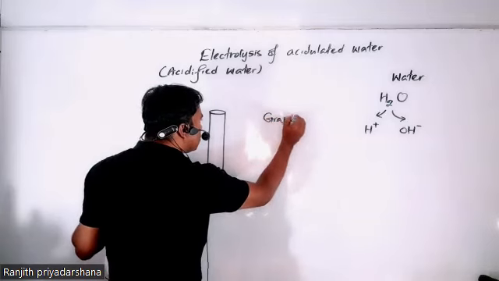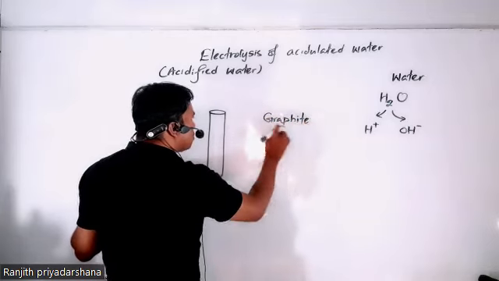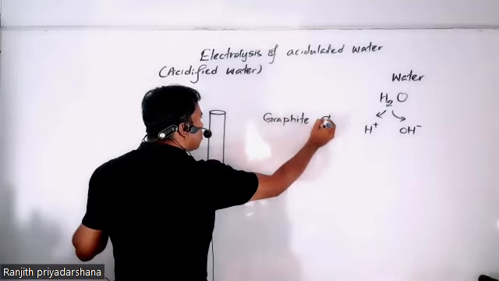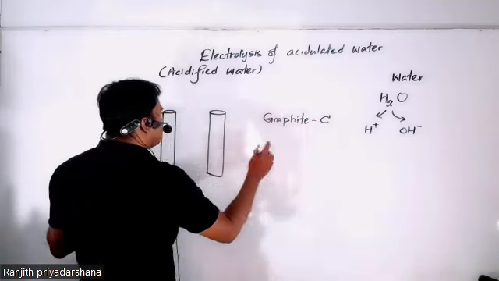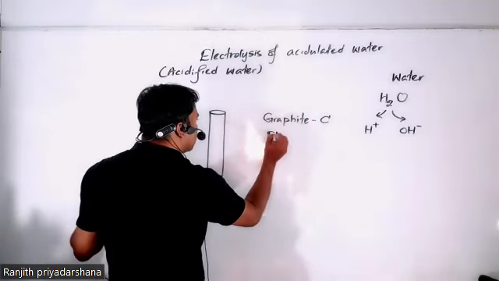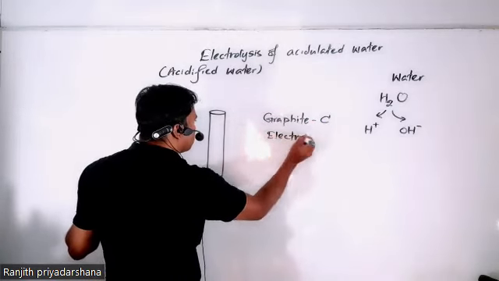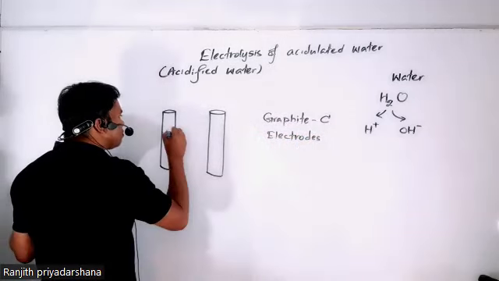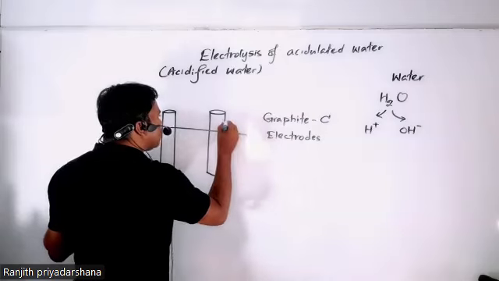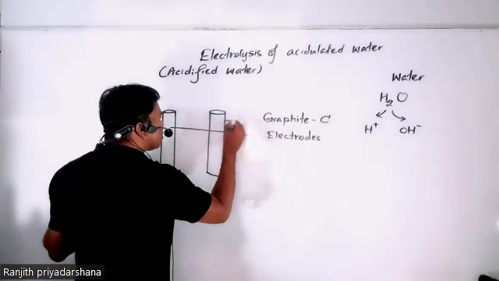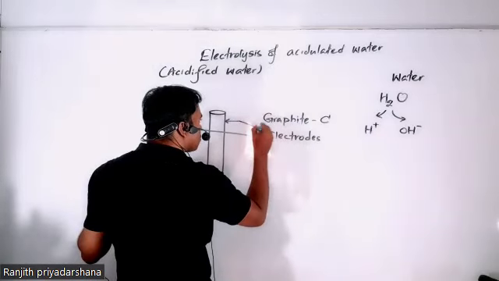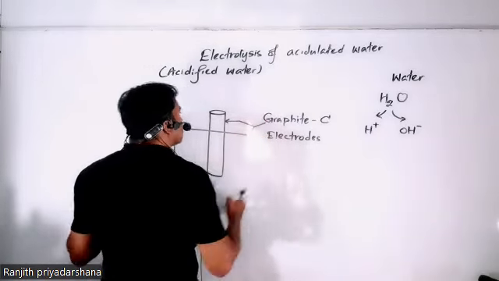Do you know graphite? It is one allotrope of carbon. Graphite electrodes are used. Commonly, we name them as electrodes.